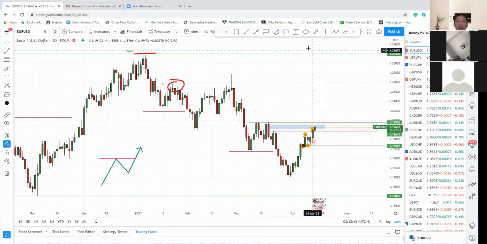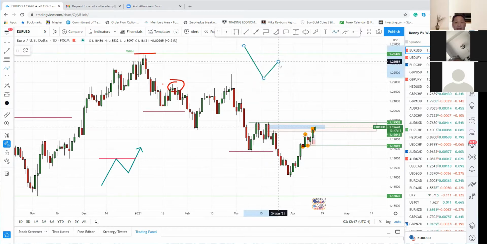As I mentioned just now, if we say that the daily time frame is in a downtrend, and now we see something like this, where do you think the next direction is likely to be?